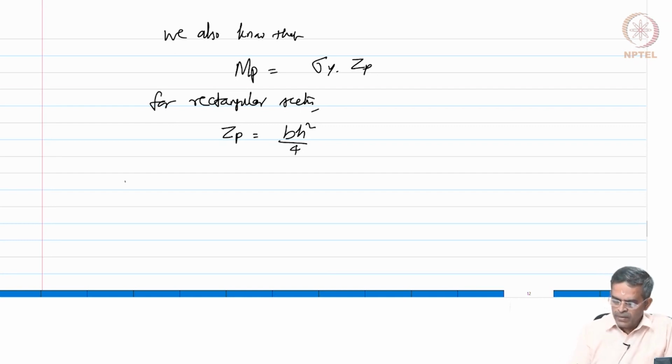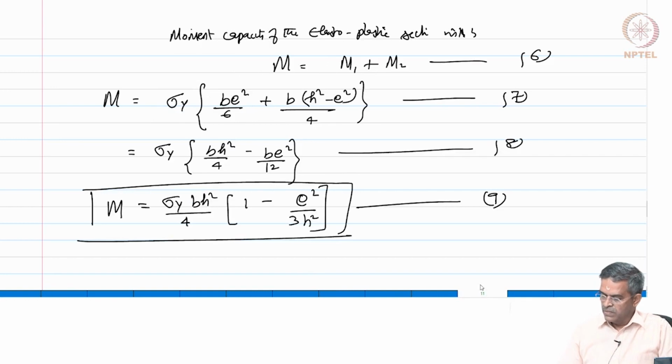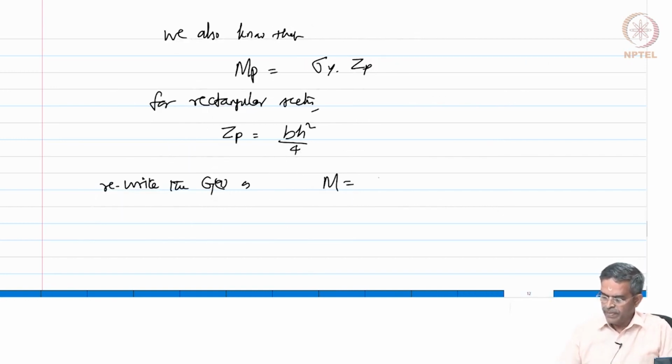So, we can now rewrite the equation 9 as M equals, this part I am replacing as MP, 1 minus E squared by 3 H square.